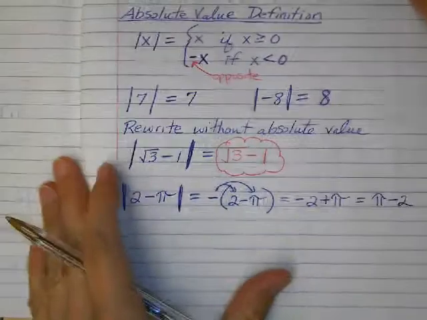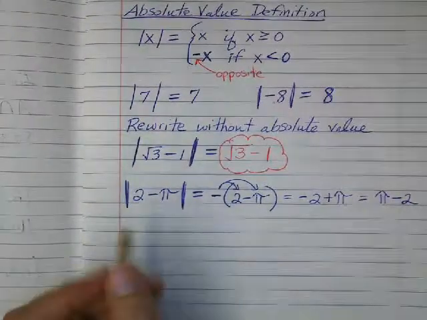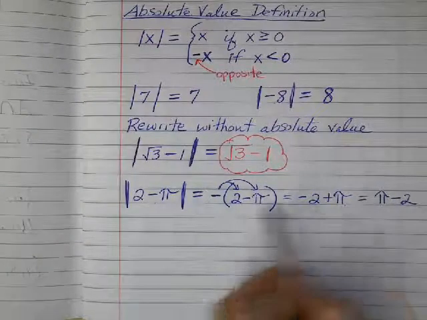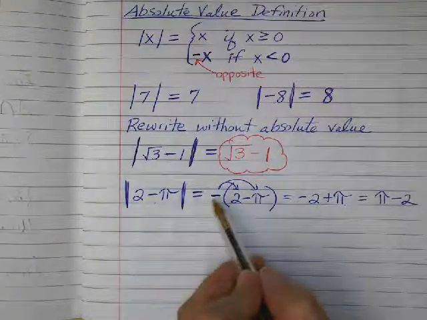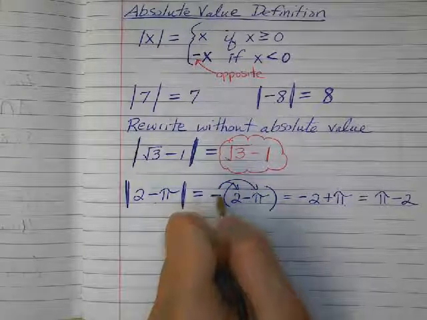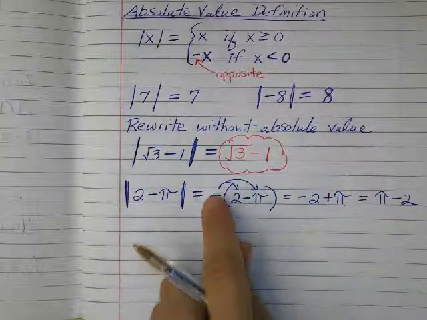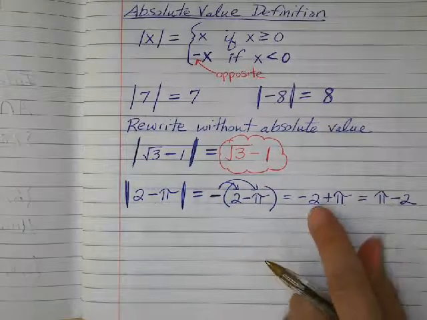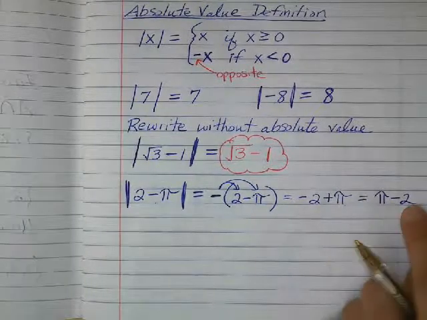We're almost done with section 1. You have to distribute the negative. Their final answer, they distribute it. So you can either put negative 2 plus pi or pi minus 2.